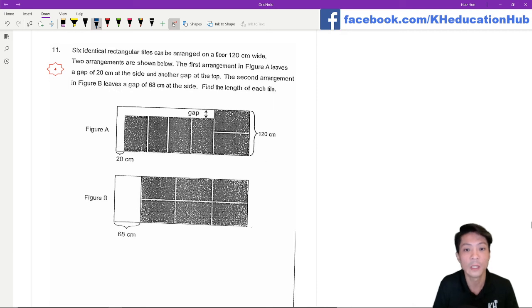Okay, so looking at the diagram, I'm going to underline all the numbers that are given. Okay, so the first clue which you need to realize is the breadth of the rectangle is 60. Right, which means that this is 60. Okay, so we're gonna look at this section over here.